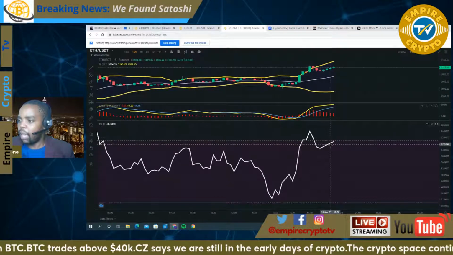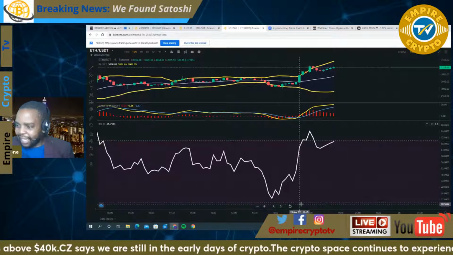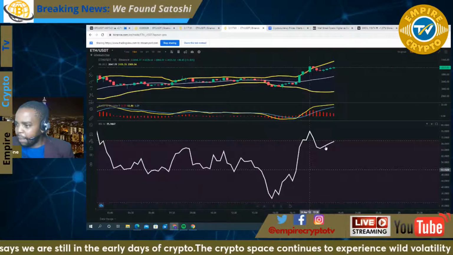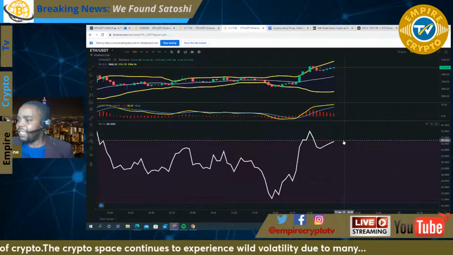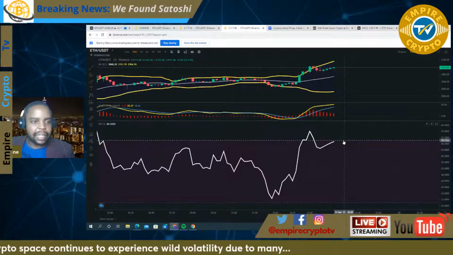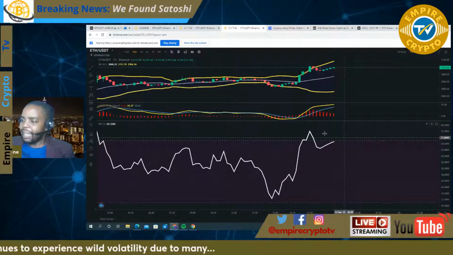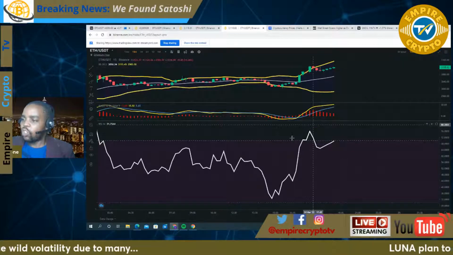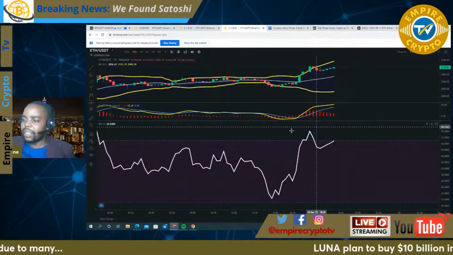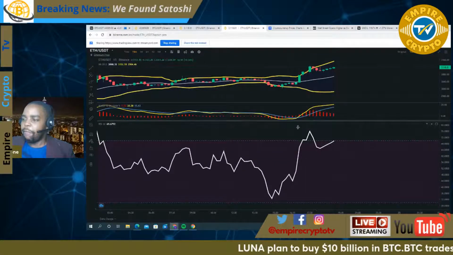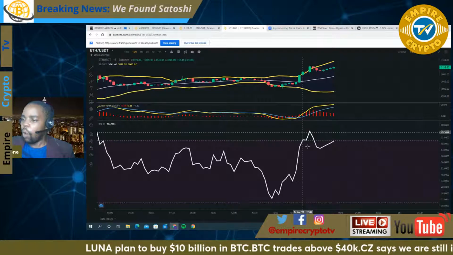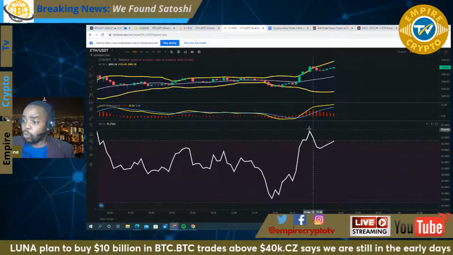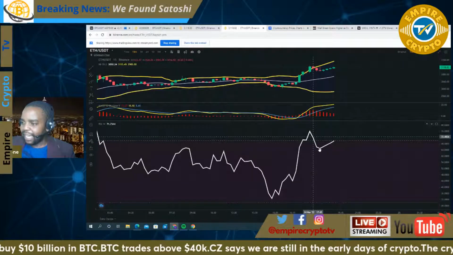If the indicator right here goes 70 and above, this shows that the market or the instrument itself is overbought. Therefore, it becomes too expensive, like the Ethereum right now. It's overbought, therefore it becomes too expensive and the market will regress just a little bit.